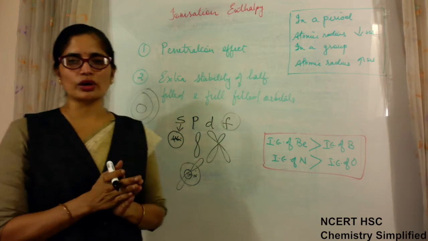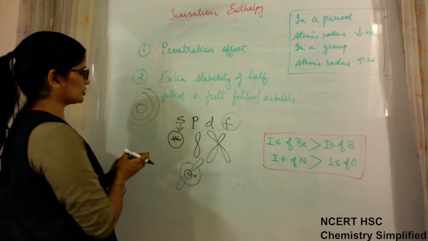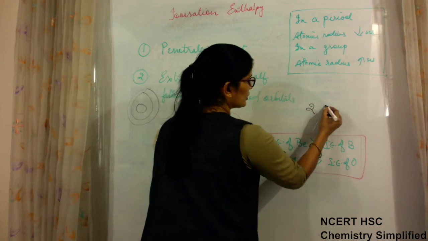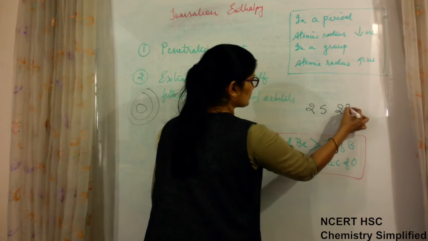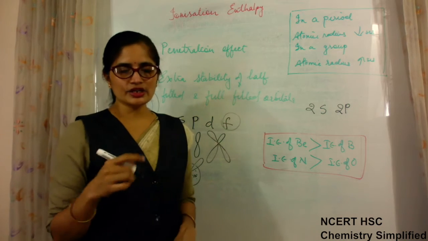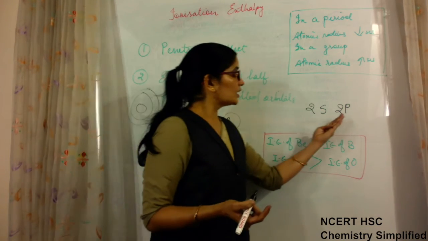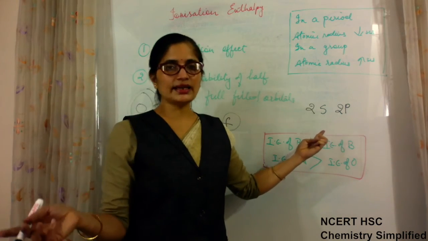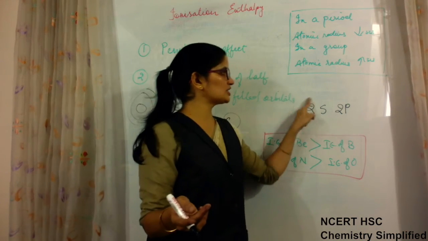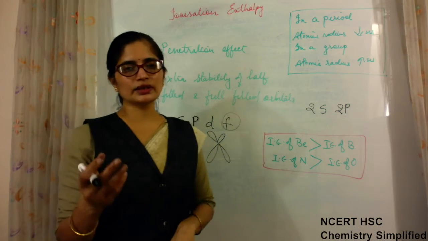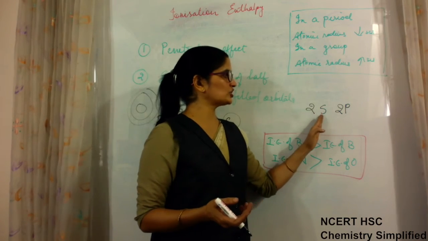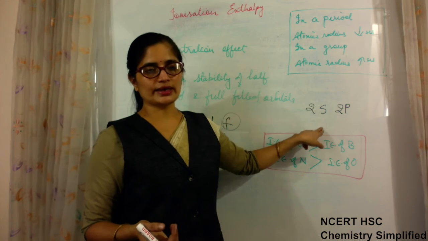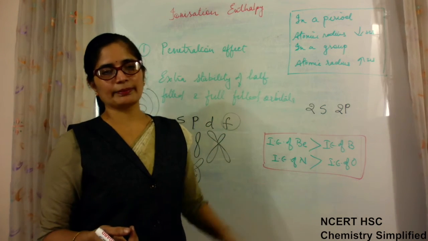Suppose we talk about the same shell number 2. If an electron is present in 2s and an electron is present in 2p and it has to be removed, then the electron present in p will be removed easily as compared to the electron present in s, because of the stronger attraction in s due to its uniform, spherical shape.